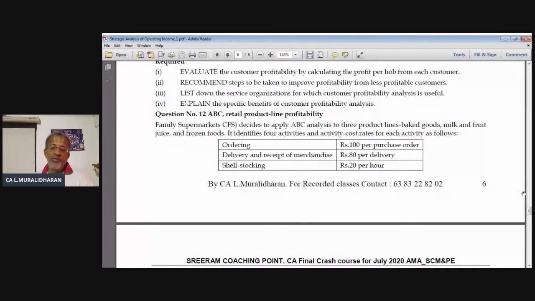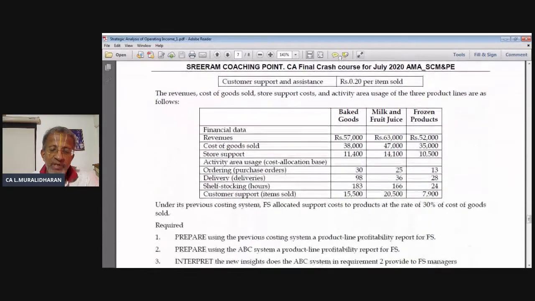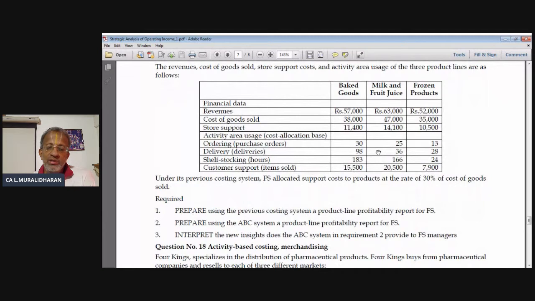It identifies four activities, and activity cost rates for each activity are given below: ordering, delivery, and receipt, shelf stocking, customer support and assistance. The revenue and cost of goods sold, store support cost, and activity area use and usage of the three product lines are given below.